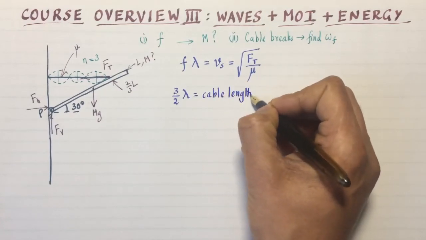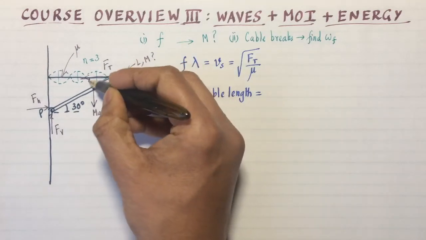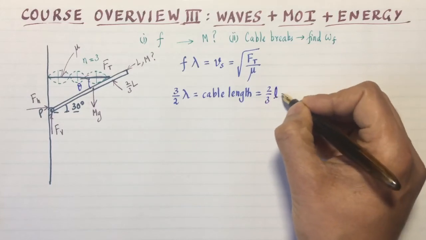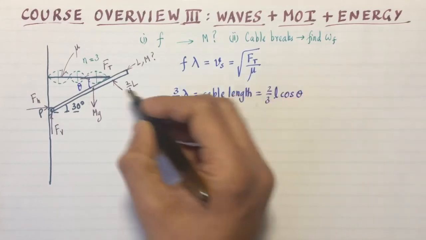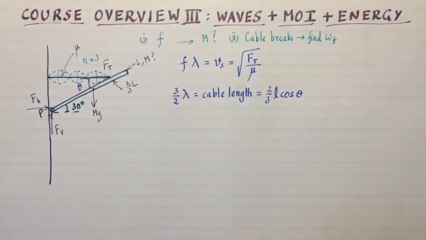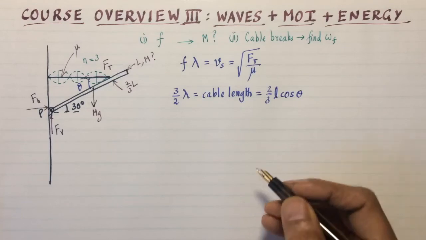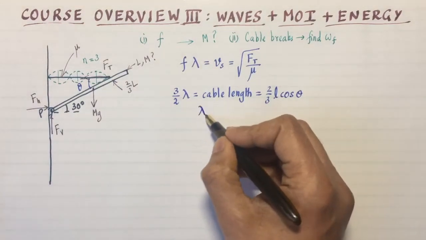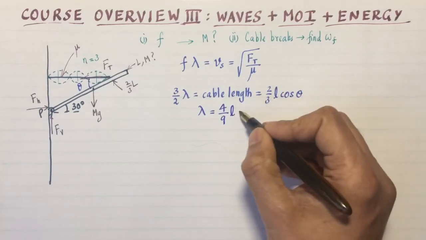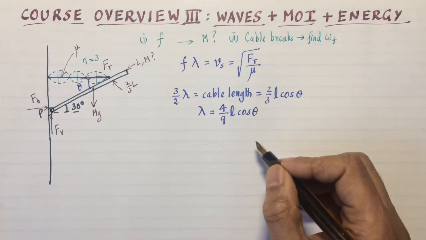The length of the cable is going to be 2/3 L times cosine theta, 2/3 L being the attachment point, and the cosine theta component. So we know lambda now. Lambda is going to be 4/9 L cosine theta. I'll keep cosine theta as it is and then put the numbers at the end.